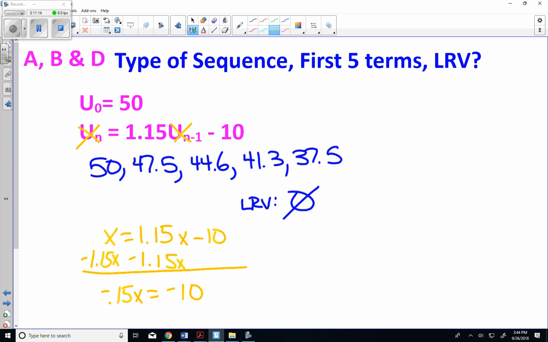Divide negative 10 by 0.15 and you get about 66 2/3. That doesn't fit our pattern here, because the sequence is going down and this value is above it, so it can't be true. So there is no long run value for this one.